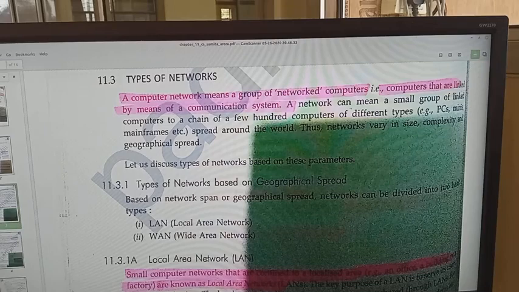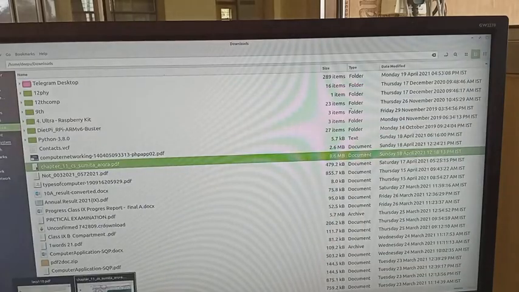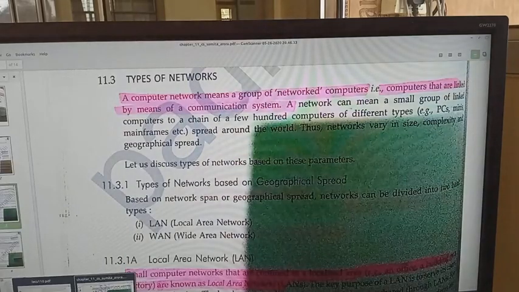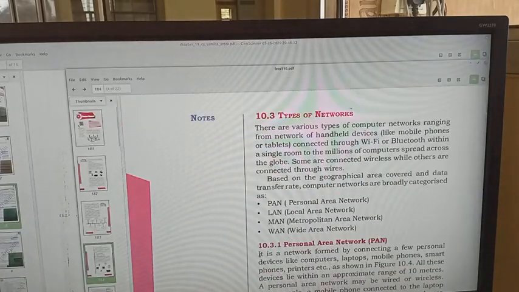But in the exam you need to write about LAN, WAN, MAN and two other networks. It is clearly written in our NCERT textbook.